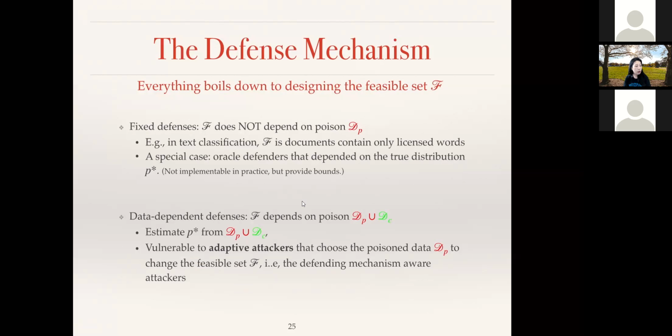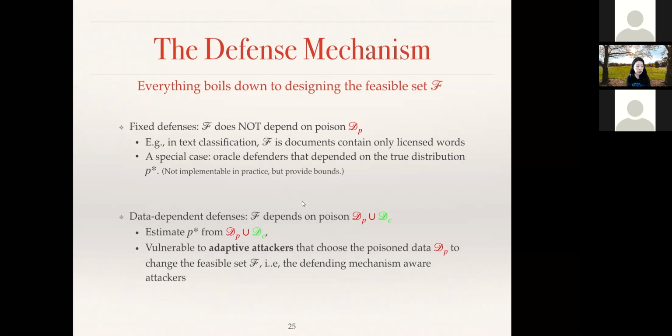All right, so for the defense mechanism, the data sanitization one, everything boils down to designing the feasible set F. This is basically your defense mechanism, or the defense algorithm. Like Chen was saying, there are two ways of designing F: a fixed defense and a data-dependent defense, which I will call an adaptive defense. The fixed defense is just that F does not depend on the poison DP.